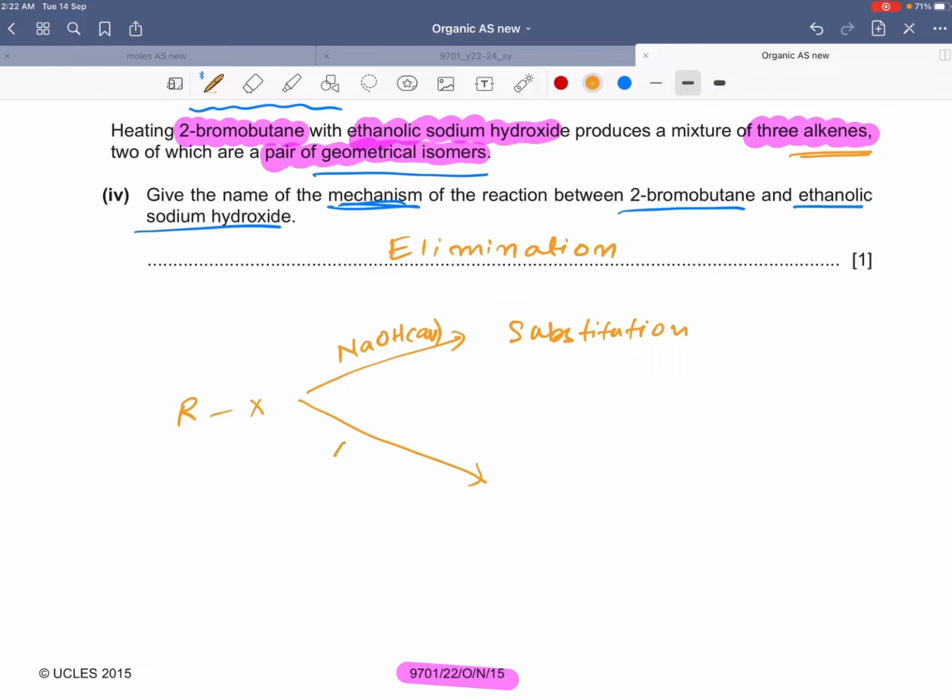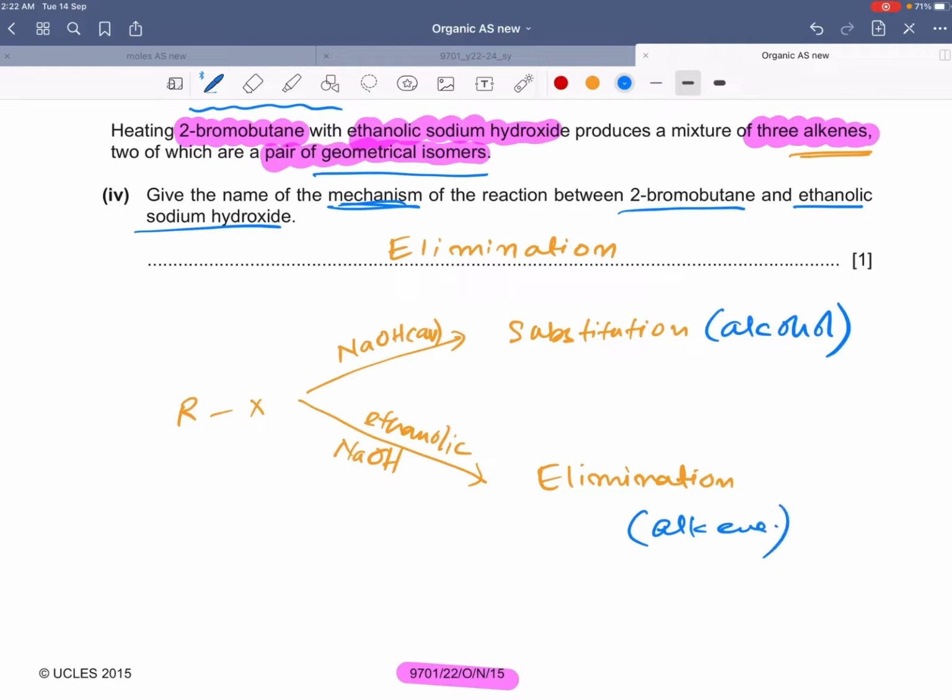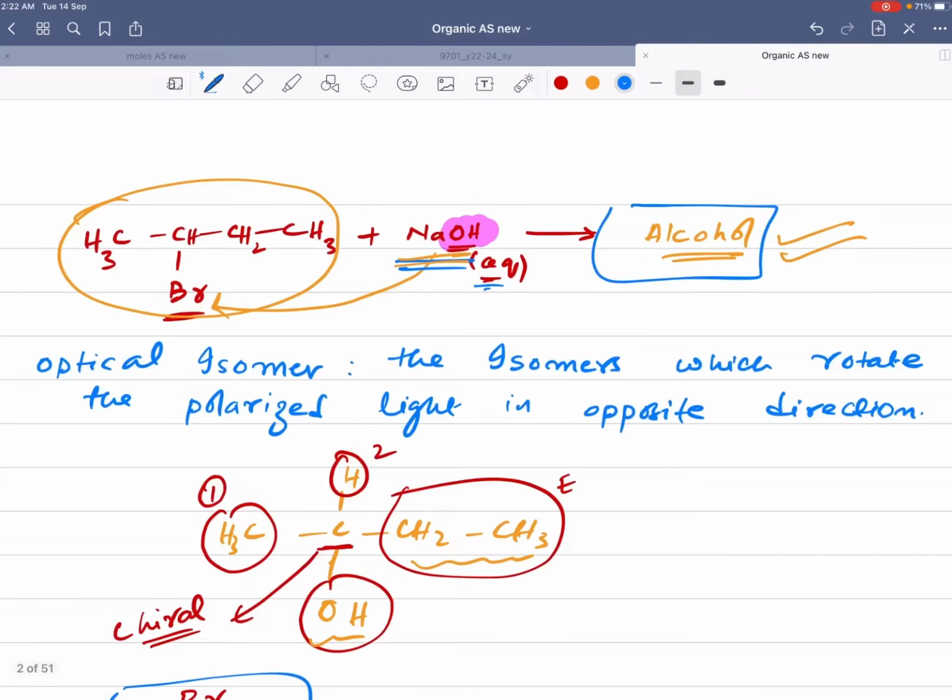And when the same NaOH reacts in ethanolic medium, then elimination occurs, right? Elimination occurs, and the product of substitution is alcohols, and the product of elimination is alkene. All right, so let's move on with the question.